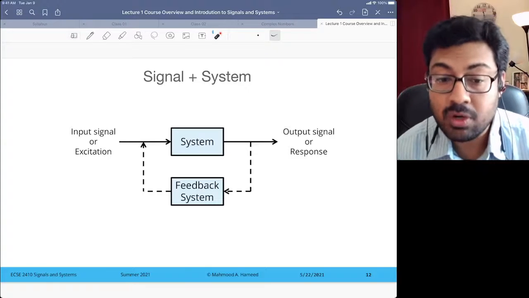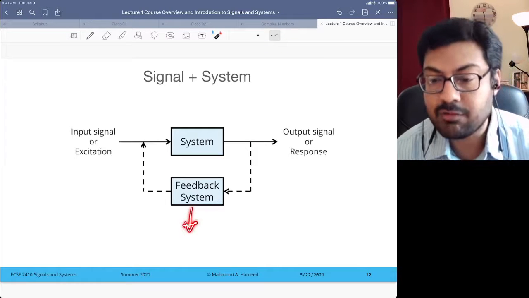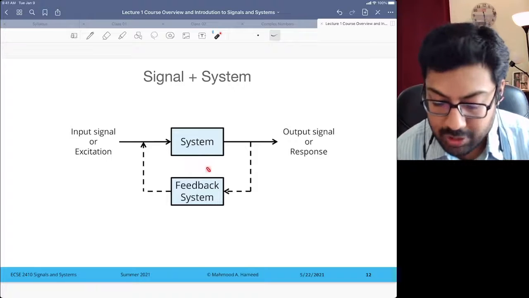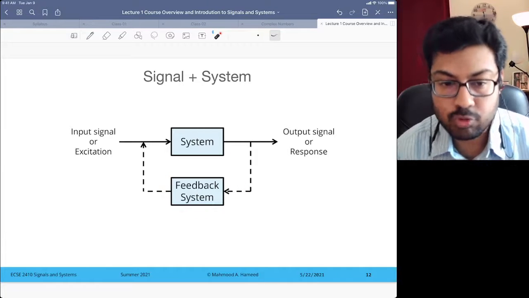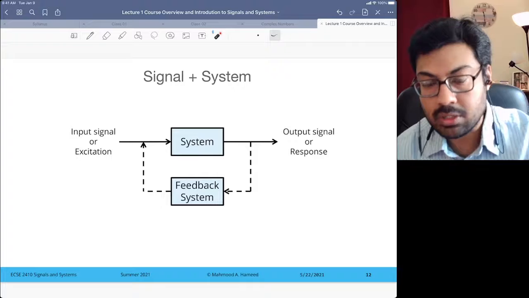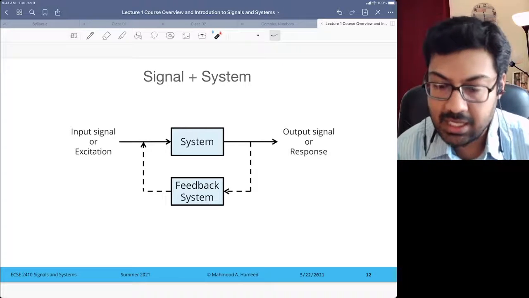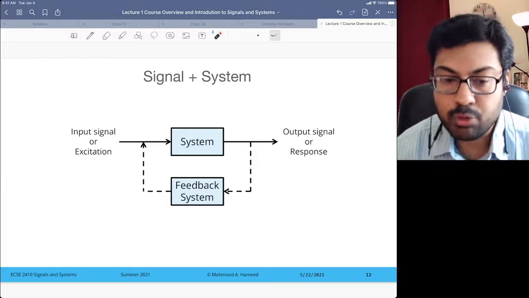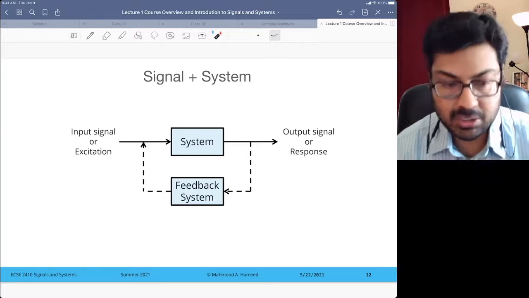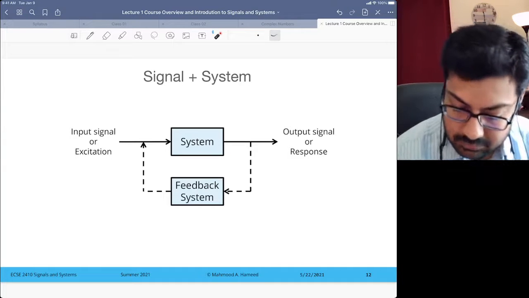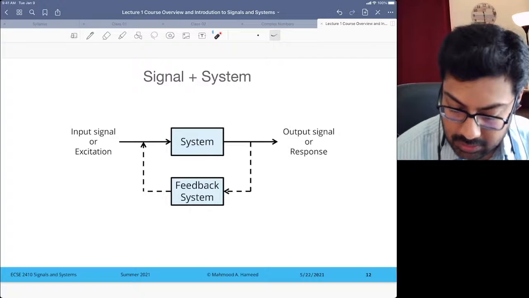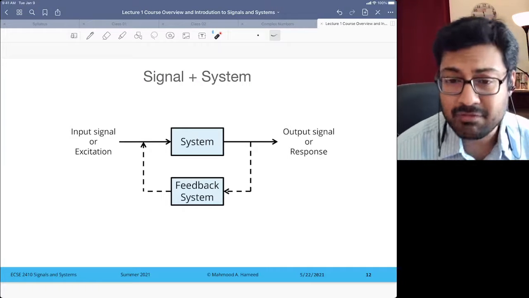So what can you do? You can reduce the gain of your mic, or reduce the gain of your feedback system. If you do that, then you will be able to control that and have a balance between what you are saying and what is projected using the speakers. All right. That's an example of unintentional feedback.